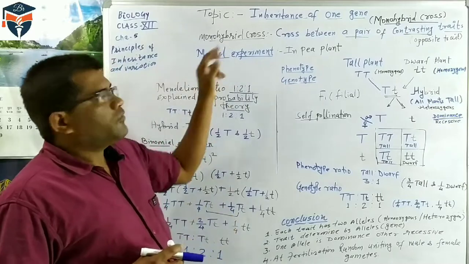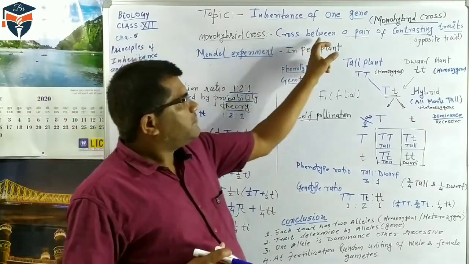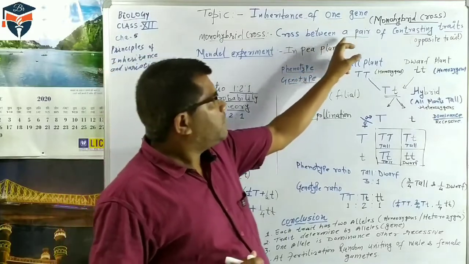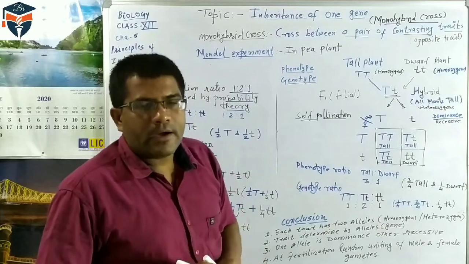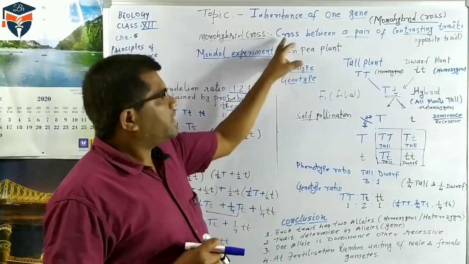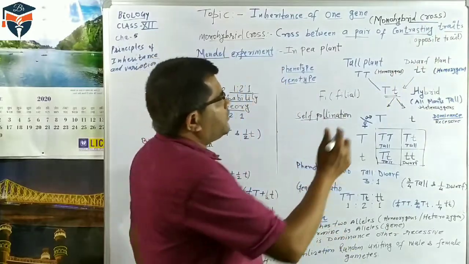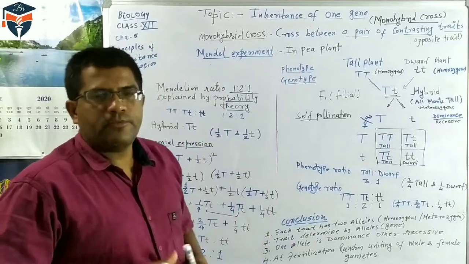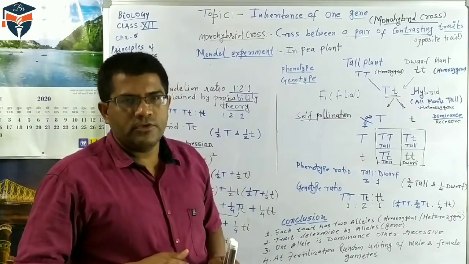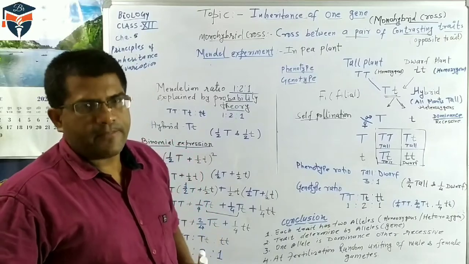Students, what do you mean by monohybrid cross, or what is a monohybrid cross? A cross between a pair of contrasting traits is called the monohybrid cross. Contrasting traits are opposite traits. Suppose some plants are tall, so the contrasting trait of this tall plant will be a dwarf plant.